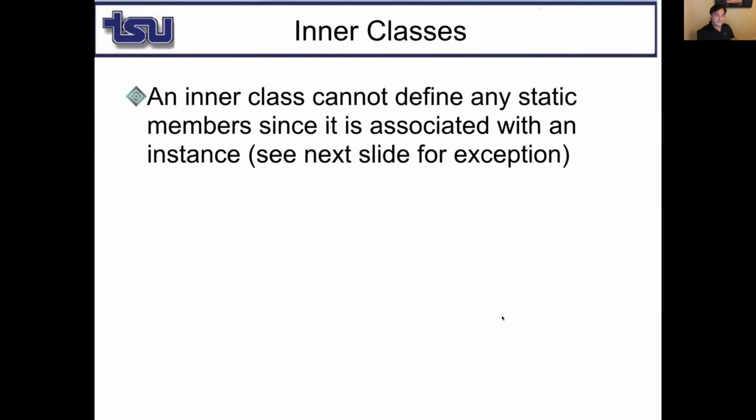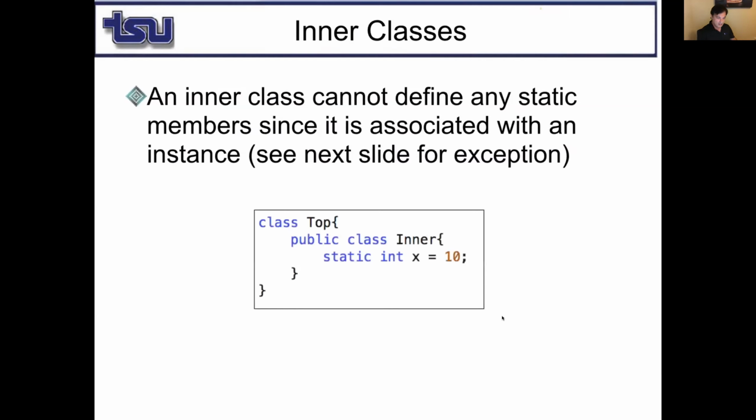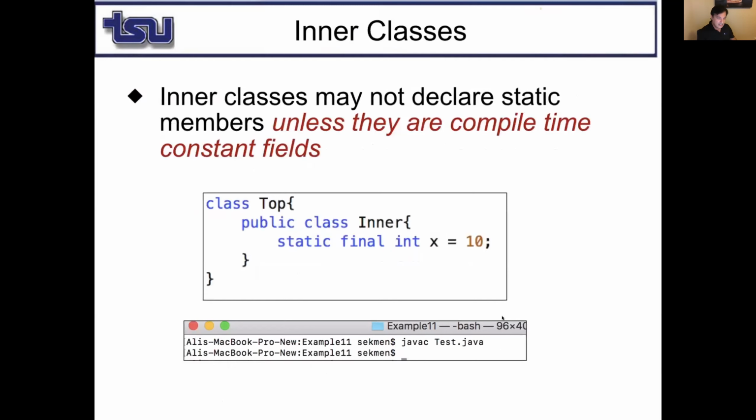Similarly, an inner class cannot define any static members, since it is associated with an instance or an object. Just like here, you have an inner class, you cannot define a static data member, with an exception, okay? If that static data member is final, that's called a compile time constant, and you will be fine.